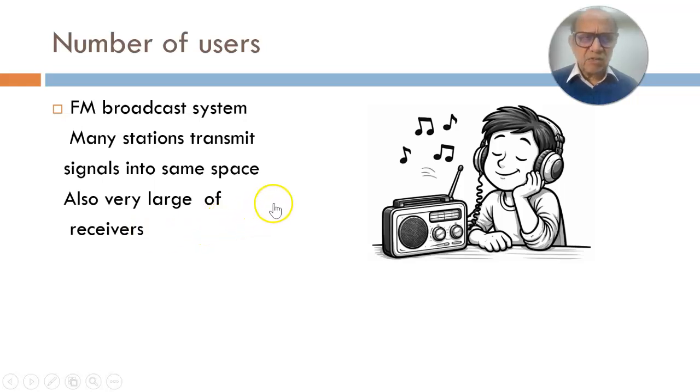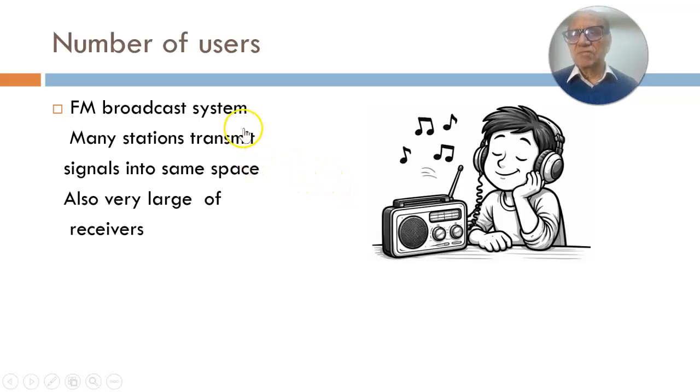But incidentally note that this is a one-way communication, in the sense that the FM transmitter sends the signal to the FM receiver which the user uses, but the user himself does not transmit any signal information back to the transmitter. So in that sense, this is a one-way transmission.